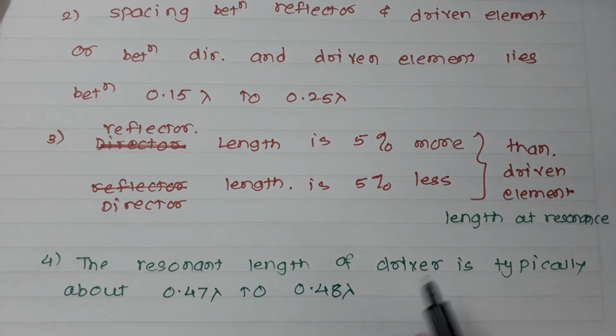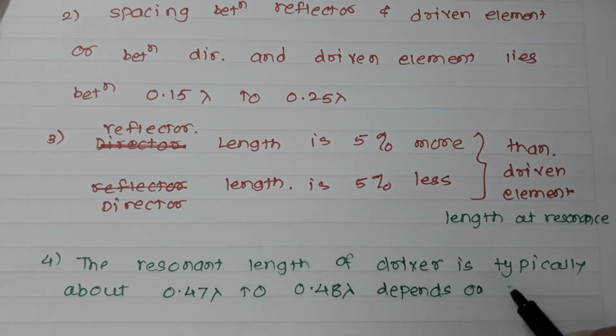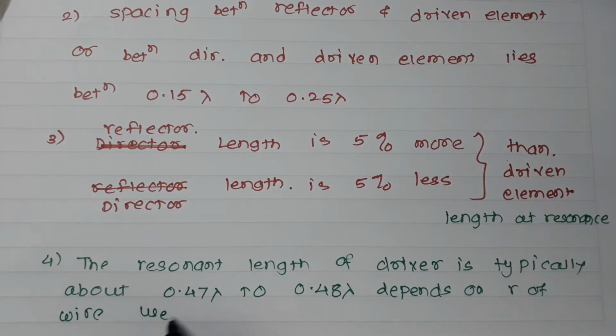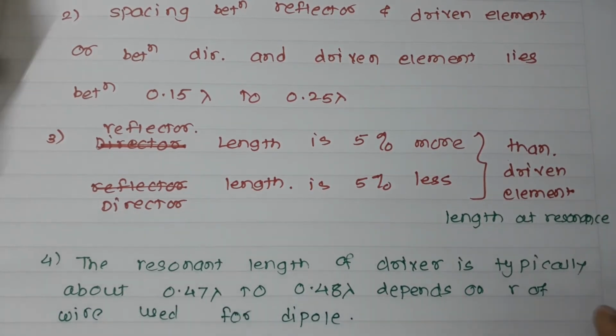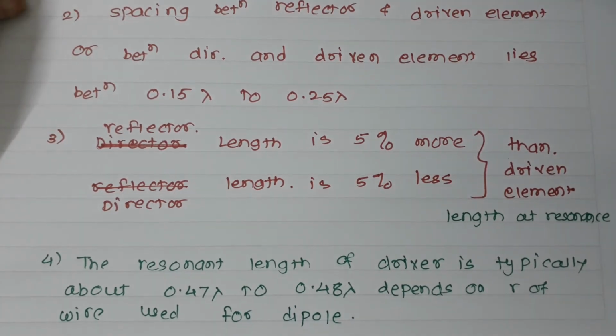Now this depends on the radius of the wire used for the dipole. So this is all about the 3-element Yagi Uda antenna.